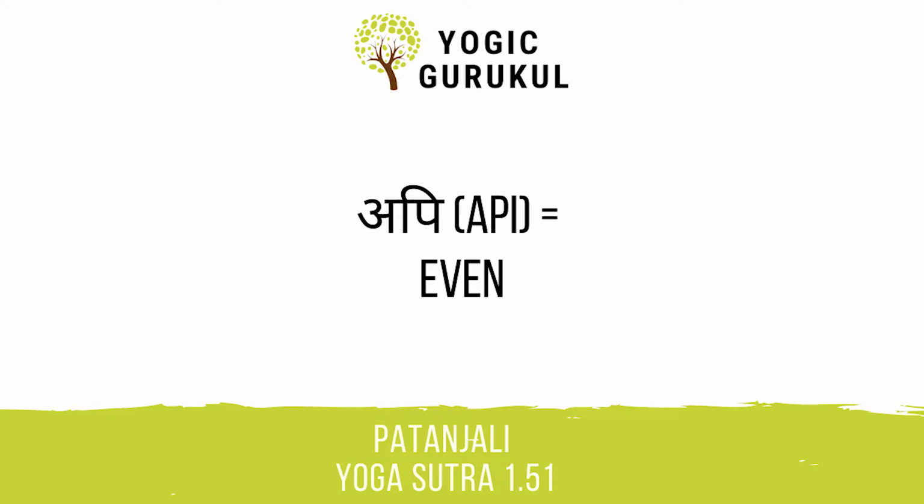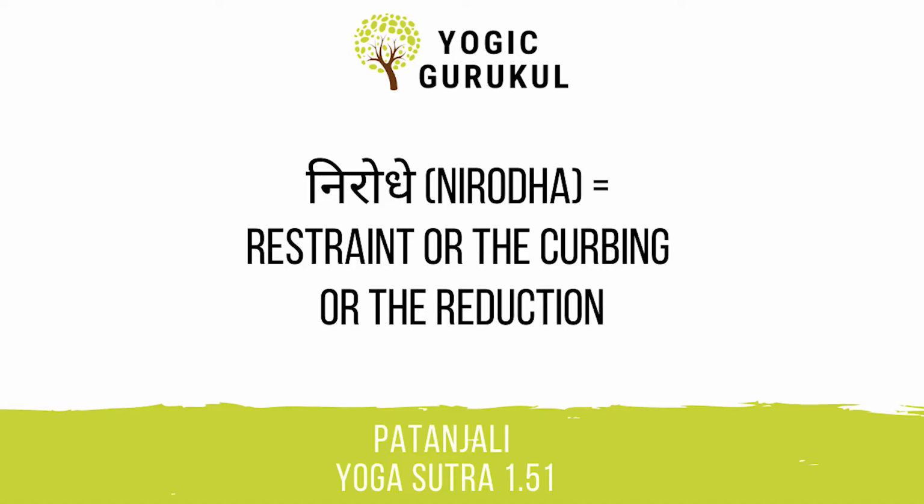Then the next word here is api, which is saying even, and then we come to the next part, which is nirodha. Now, if you remember, this word appeared in Patanjali Yoga Sutra 1.2 as well, where nirodha was referred to as the restraint or the curbing or the reduction.